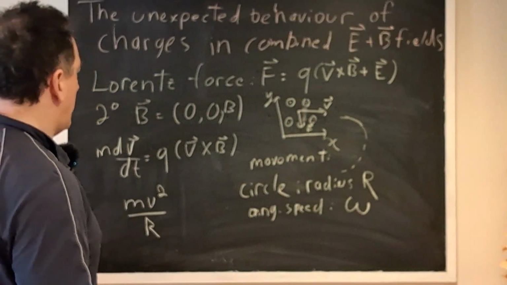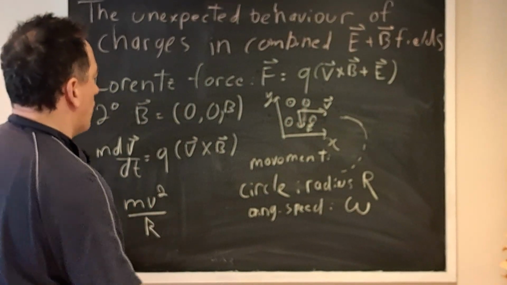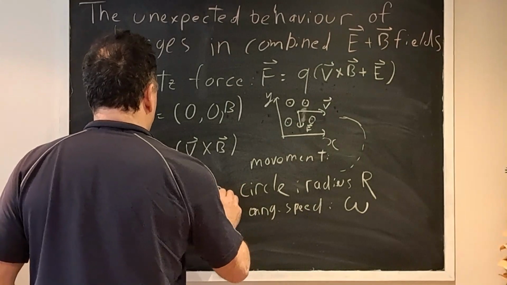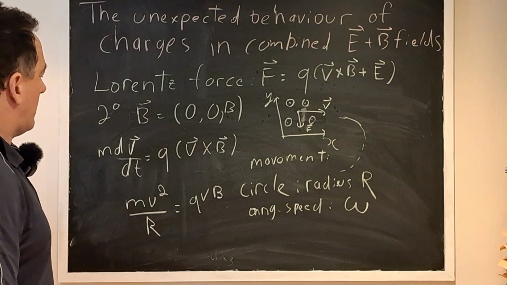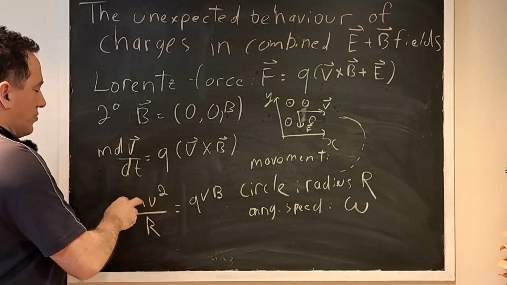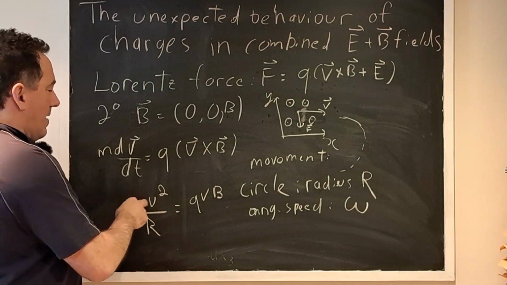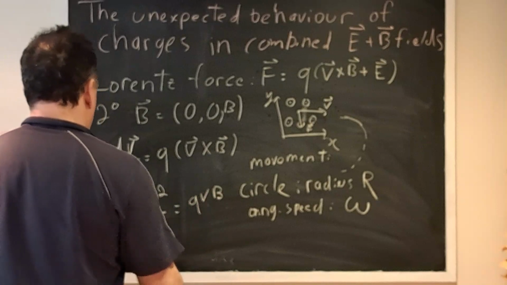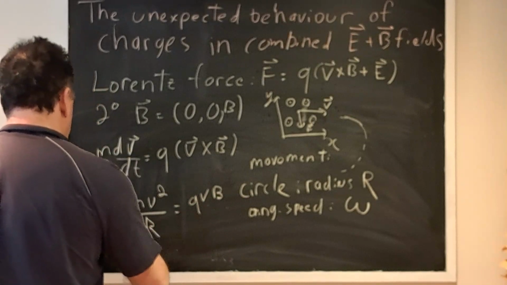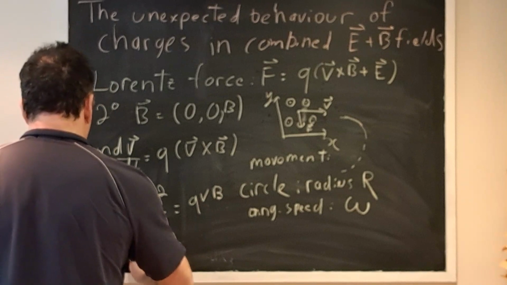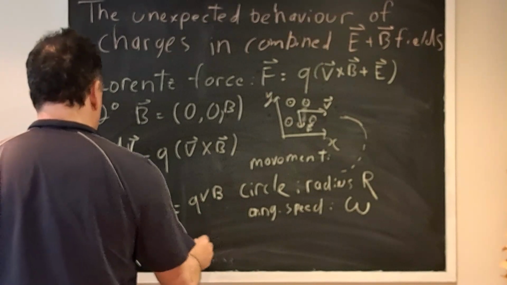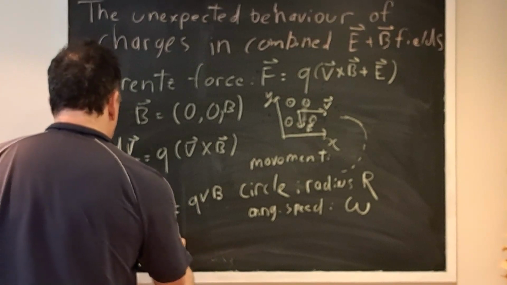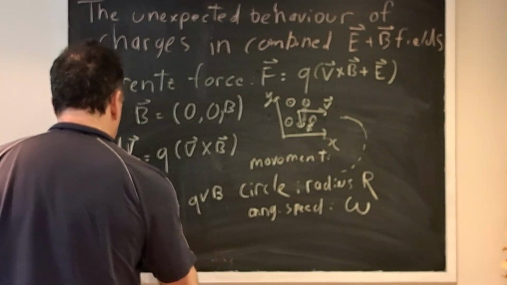We know that m v squared over r equals q v B, and what we usually do is combine the q and B together. We can simplify this to v over r equals q B over m.